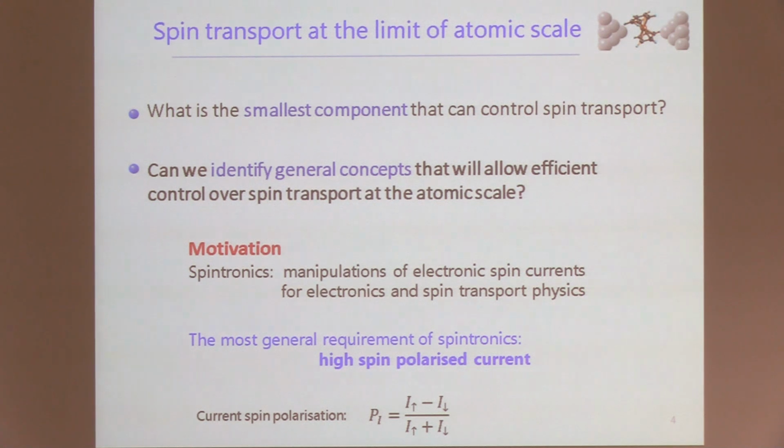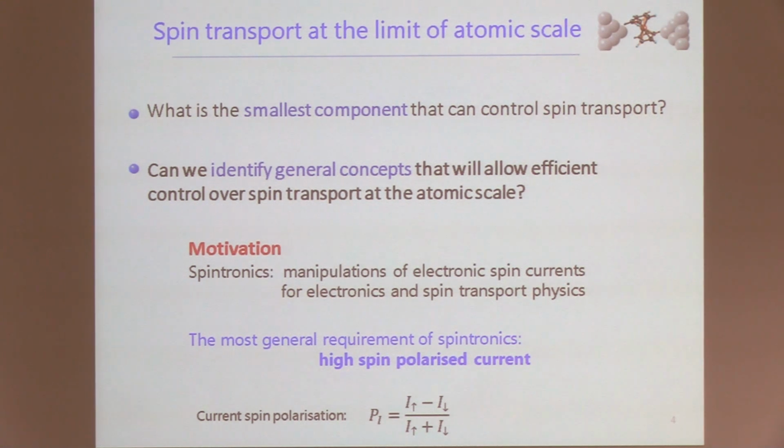For any spin polarized current, we need either a magnetic electrode or a strong spin orbit coupled material. Nowadays people are trying to induce spin polarized current in 2D materials by putting a strong spin orbit coupling material, let's say MoS2, on graphene, and this way they generate spin current or manipulate the spin transport.